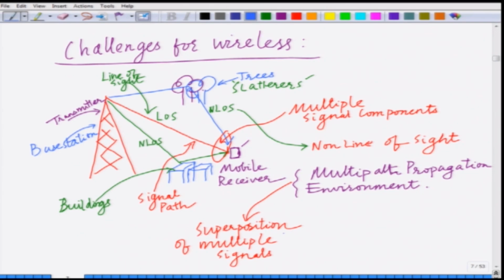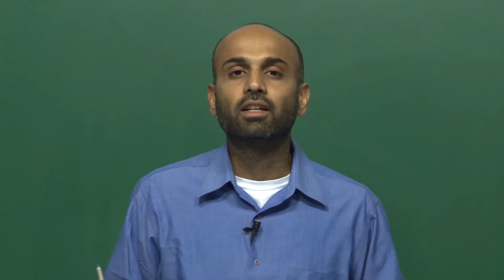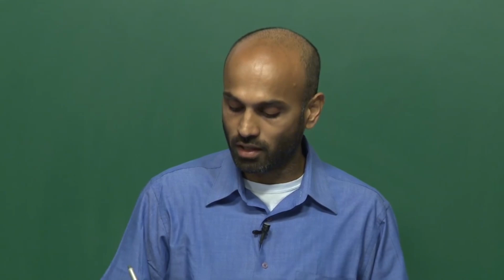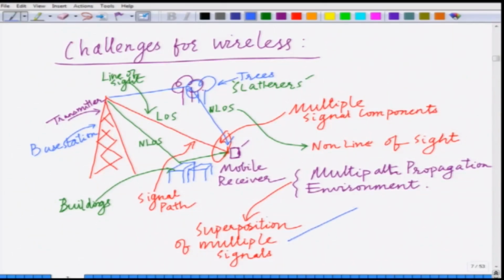Now we know from our basic knowledge of physics that when these multiple electromagnetic signals interfere or superpose with each other, that can lead to interference which is either constructive or destructive in nature.